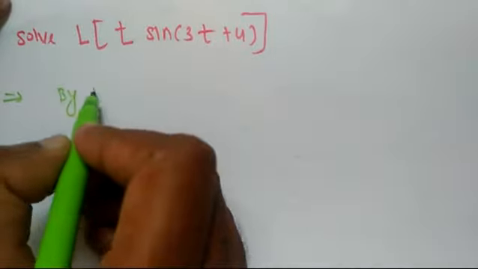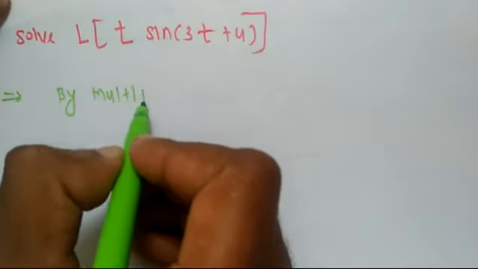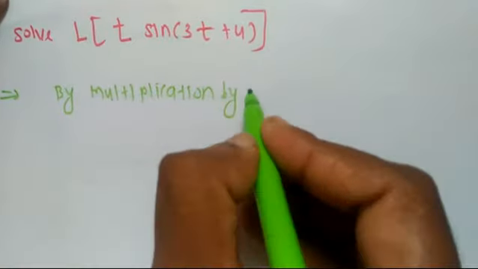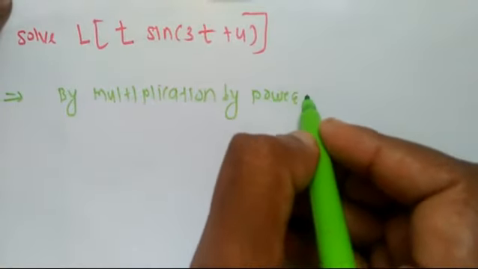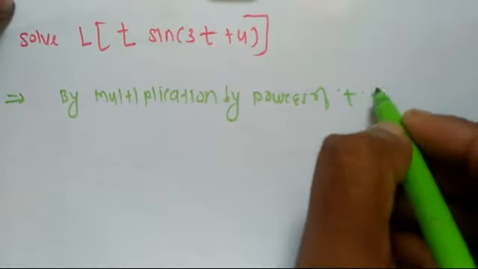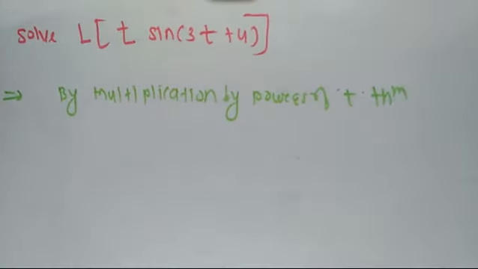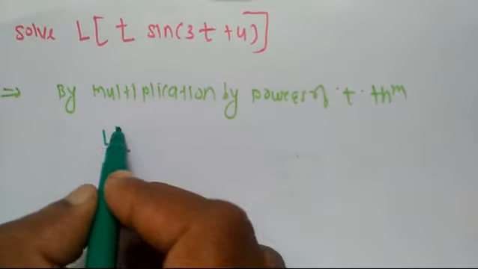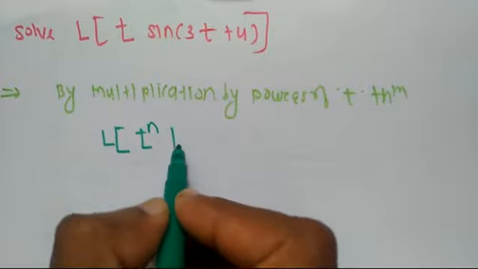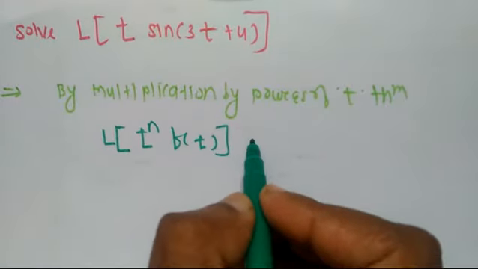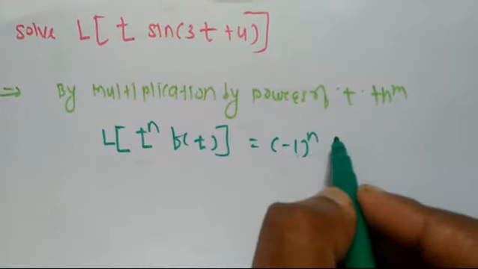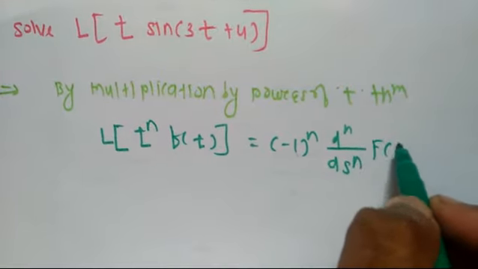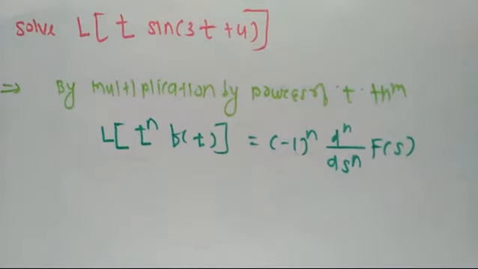By the multiplication by powers of t theorem. What is the theorem? The theorem is that Laplace transform of t to the power n f of t is minus 1 to the power n, d to the power n by ds to the power n, into f of s.